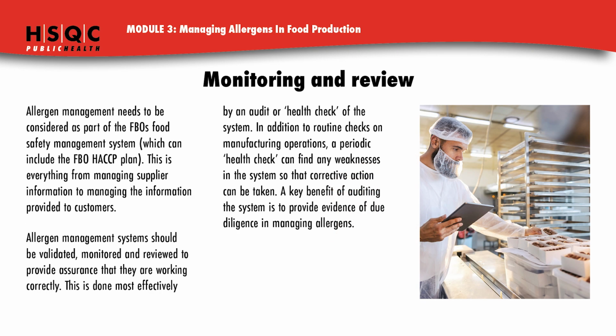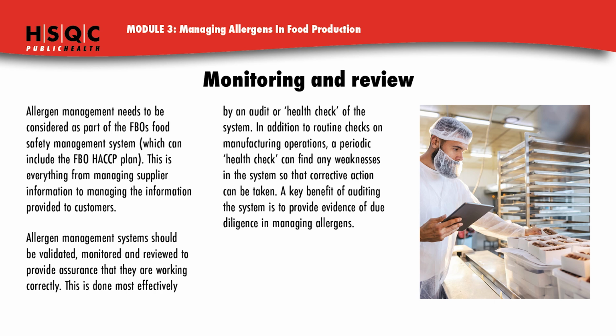Monitoring and review. Allergen management needs to be considered as part of the FBO's Food Safety Management System, which can include the FBO HACCP plan. This is everything from managing supplier information to managing the information provided to customers. Allergen management systems should be validated, monitored and reviewed to provide assurance that they are working correctly.